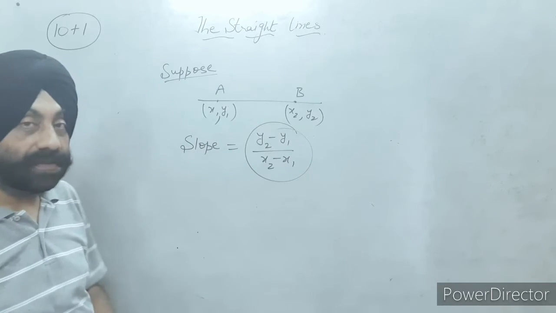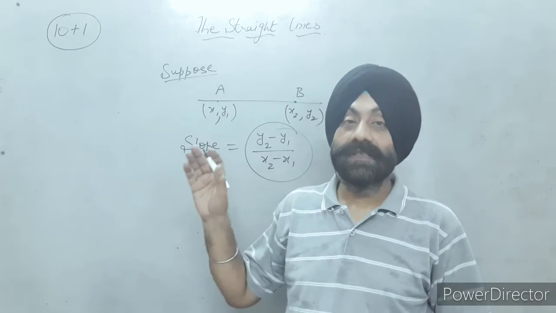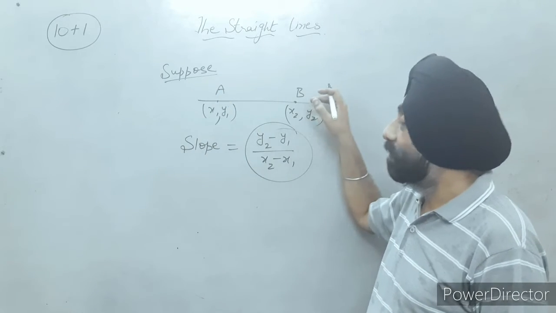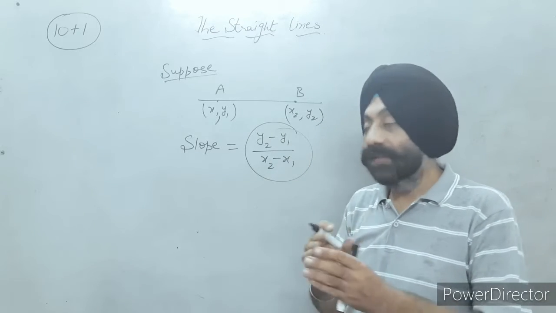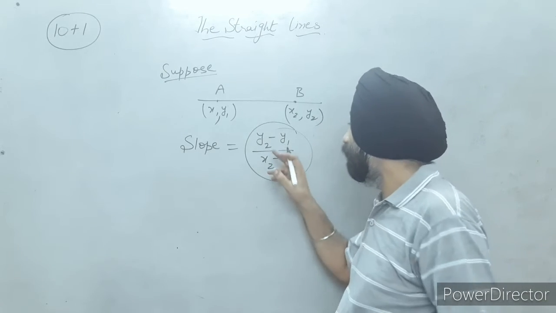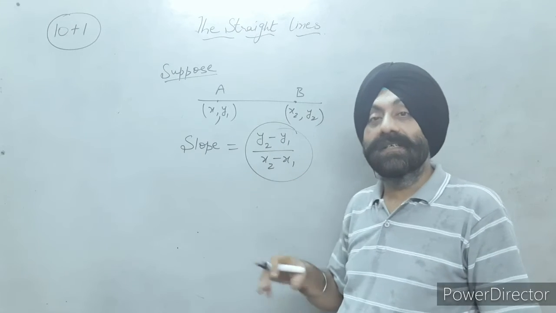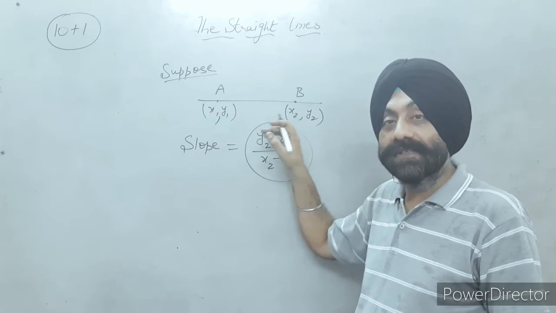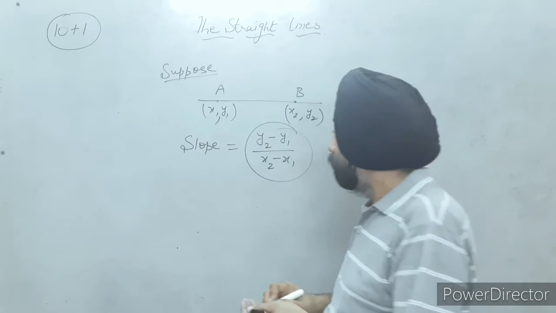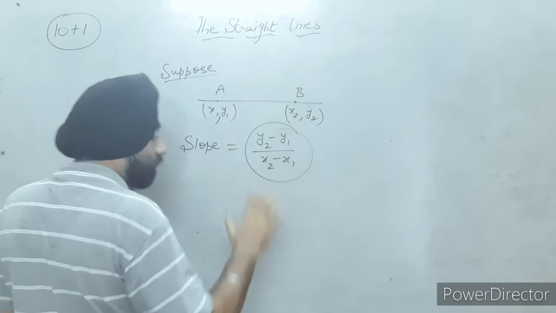Here theta was not given to us, right? Only 2 points through which the straight line passes, that is A and B. Then we find the slope by using this formula, that is difference in the ordinates divided by difference in the abscissa, that is y2 minus y1 upon x2 minus x1. This is the way we find slope when 2 points are given to us.